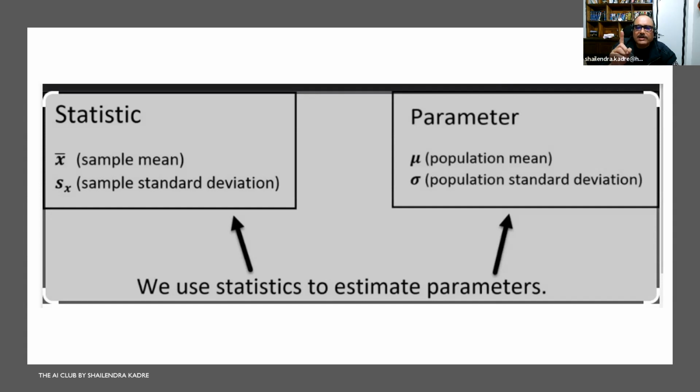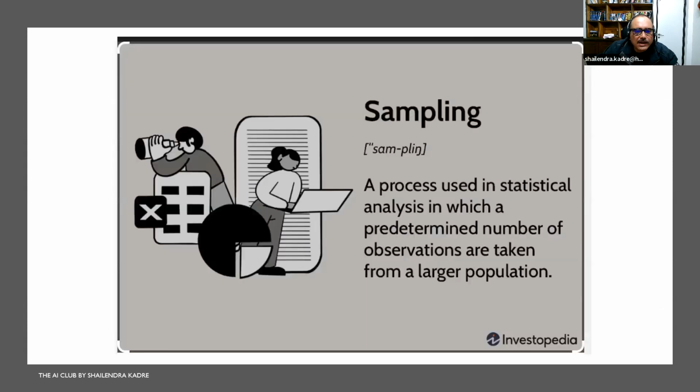So Greek letters are always used for parameters, for population. And X bar and s are simple English letters. They are used in connection with sample. Okay. So this slide anyway I'll share.